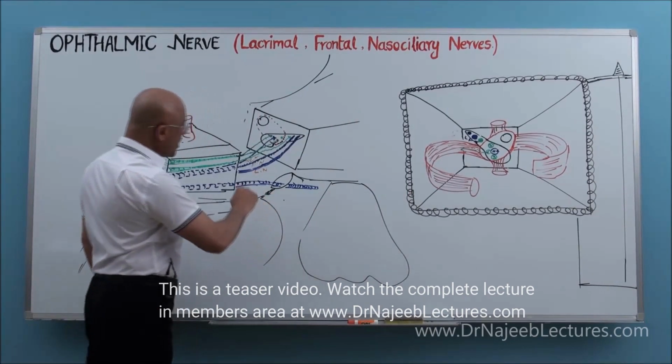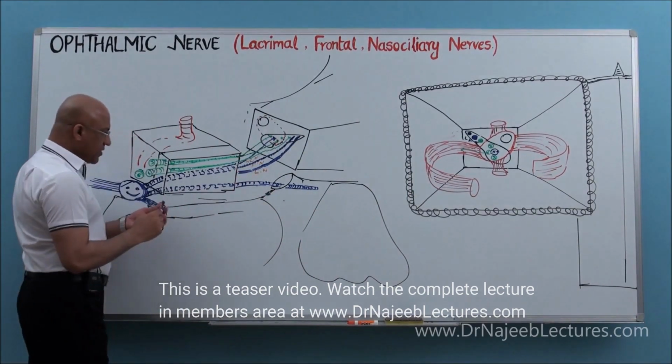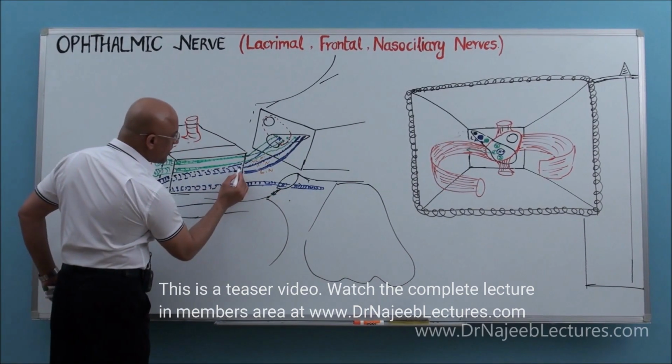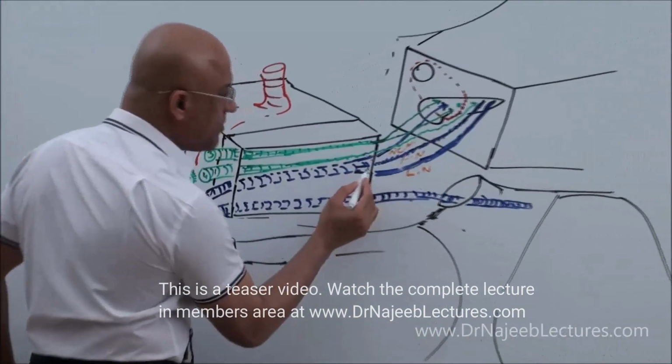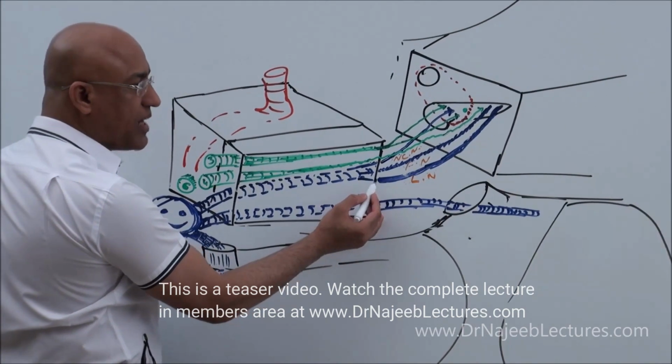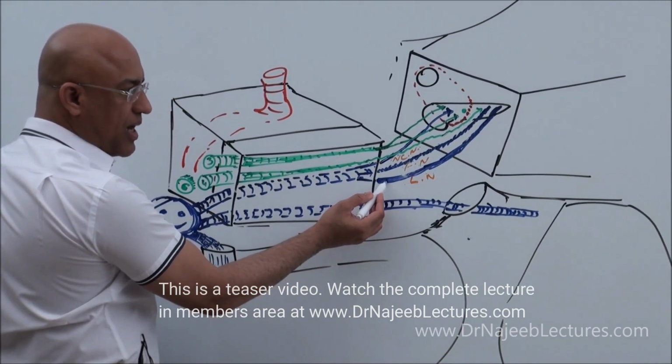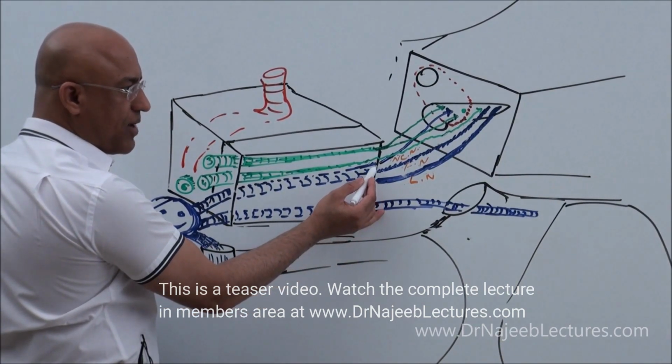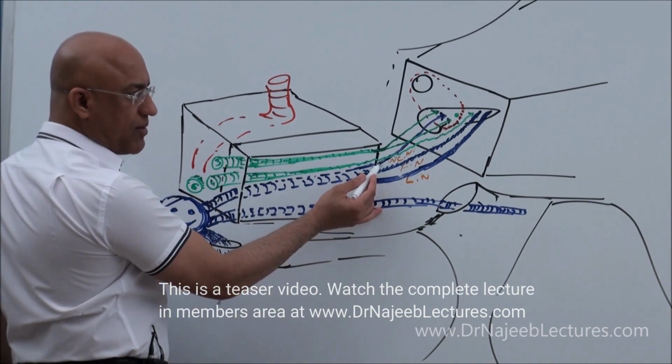Now, from here we see this ophthalmic nerve. When it emerges outside, it has already divided into three branches: lacrimal nerve, lateralmost, then frontal nerve and nasociliary nerve.